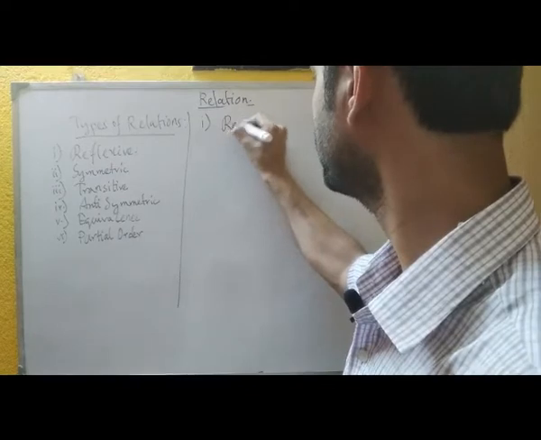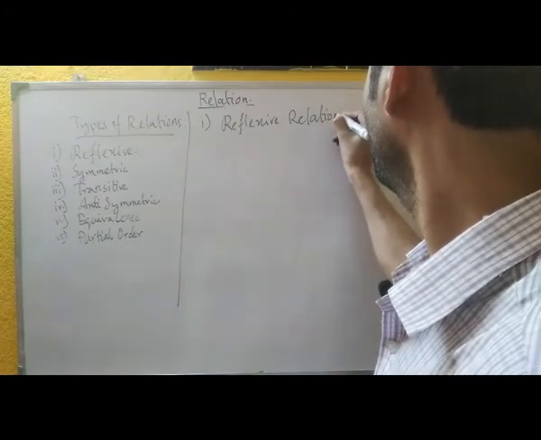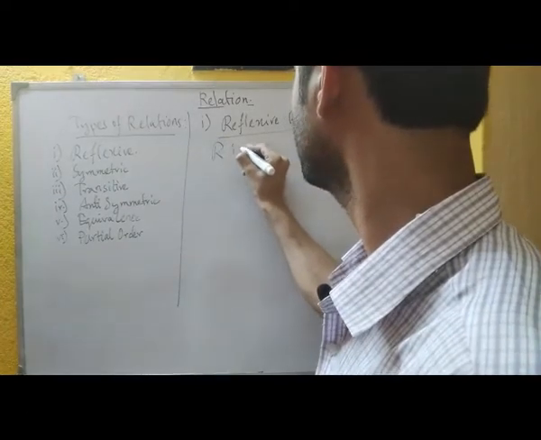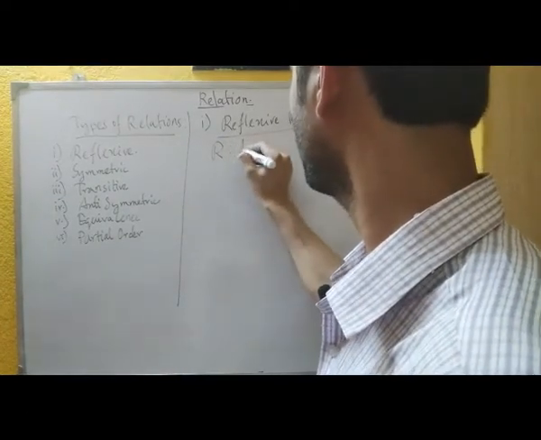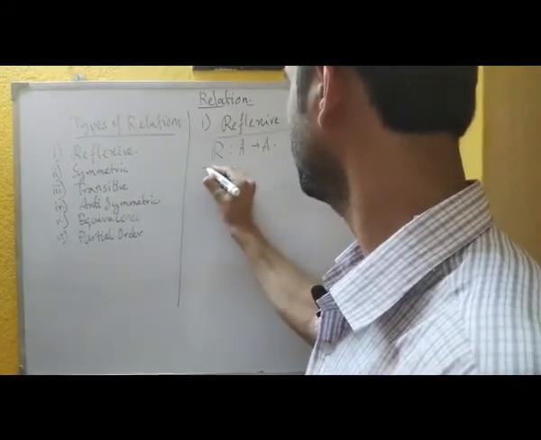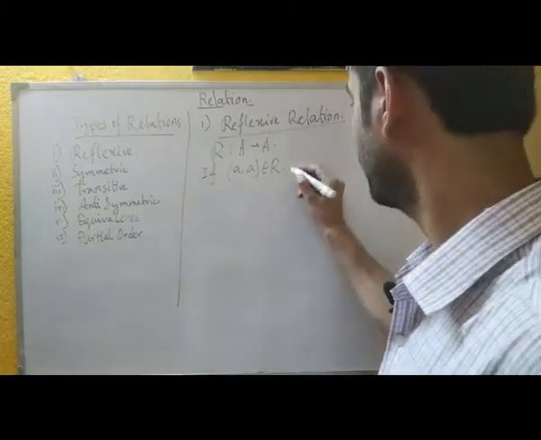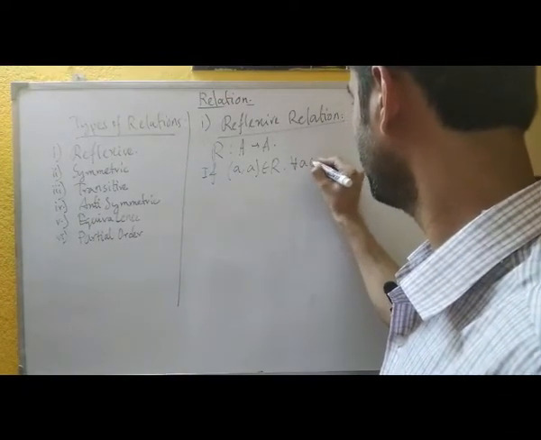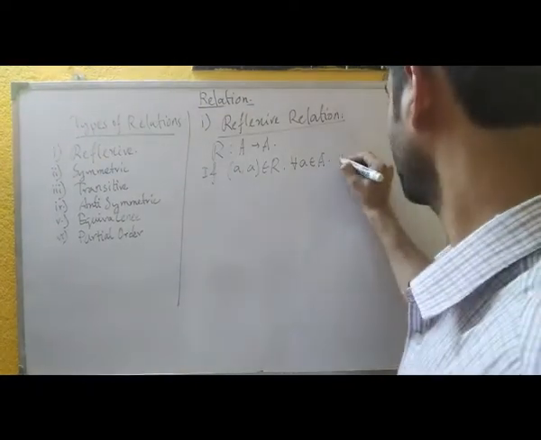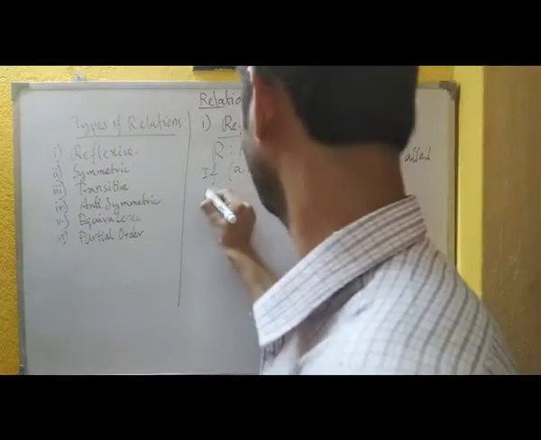First one is called the reflexive relation. We define it like this. Say R is a relation from A to A. Then if R contains all the elements of the form (a, a), for all the elements a belonging to A, then we say that R is a reflexive relation.